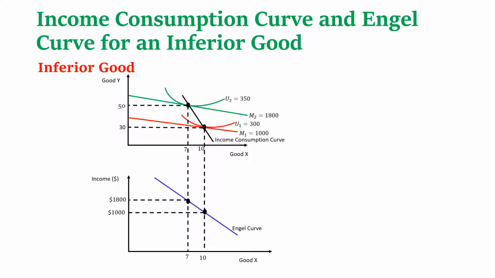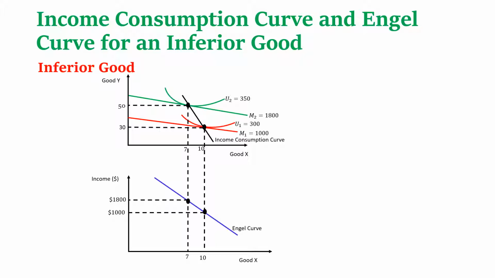Remember, we are talking about two goods here, good Y and good X. But when we are trying to analyze the effect of changes in income on the quantity demanded, we are holding the prices constant.